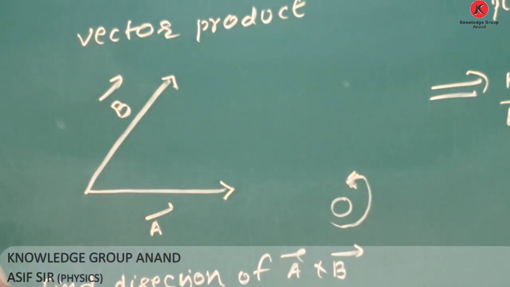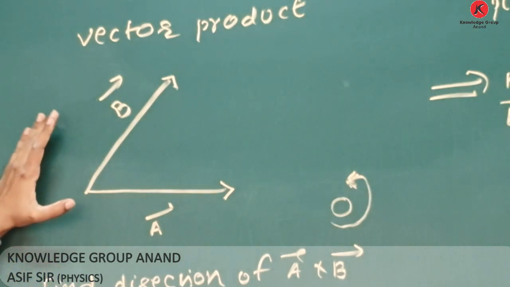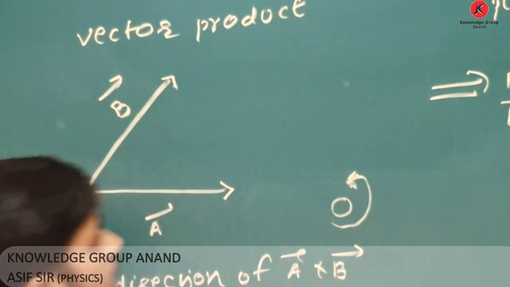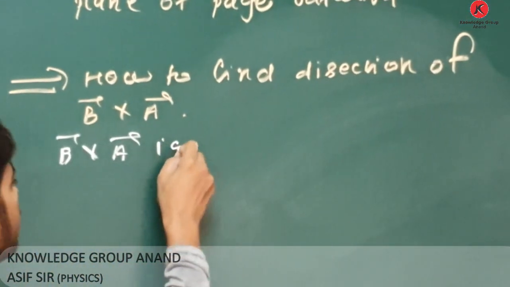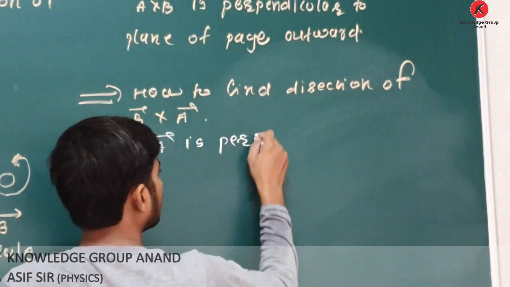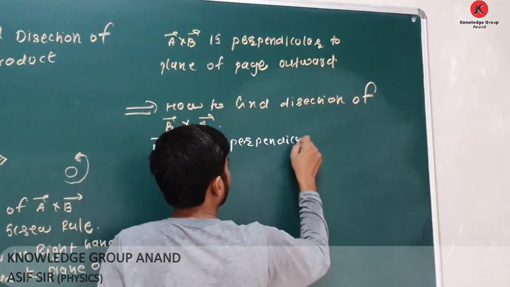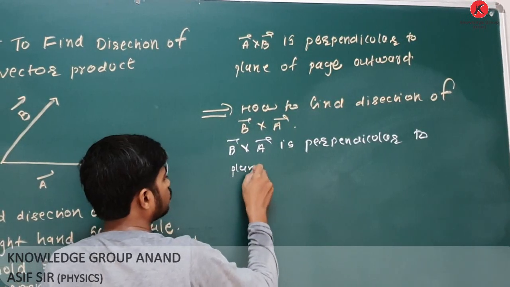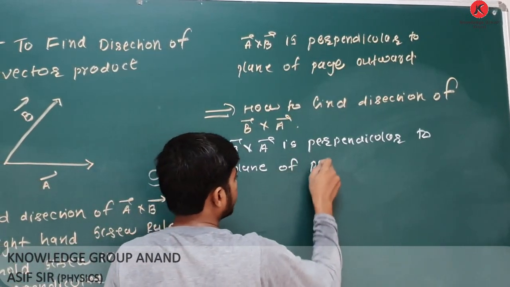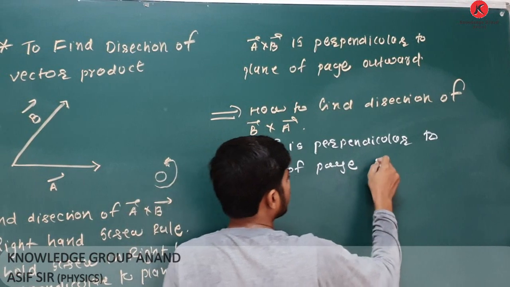So yes, this is the method to find the direction of a cross product. So here B cross A is perpendicular to the plane of the page, inward.